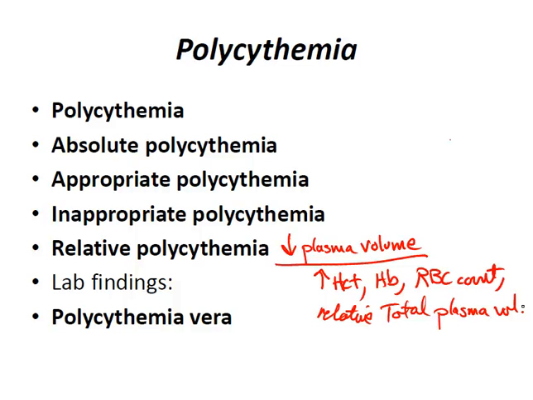And when would it be increased? In both appropriate and inappropriate polycythemias. So, what's the only difference between an appropriate and an inappropriate polycythemia? The O2 saturation. Very good. All right. And that is polycythemia for you.